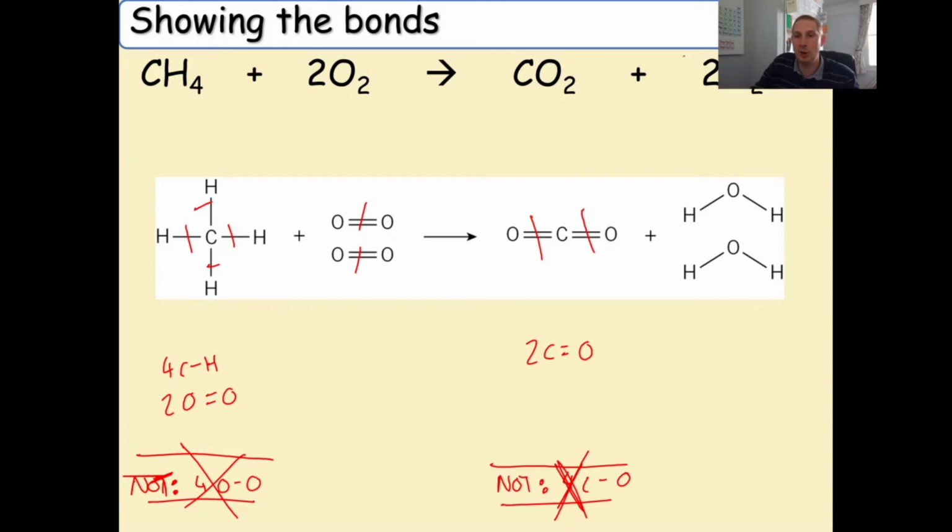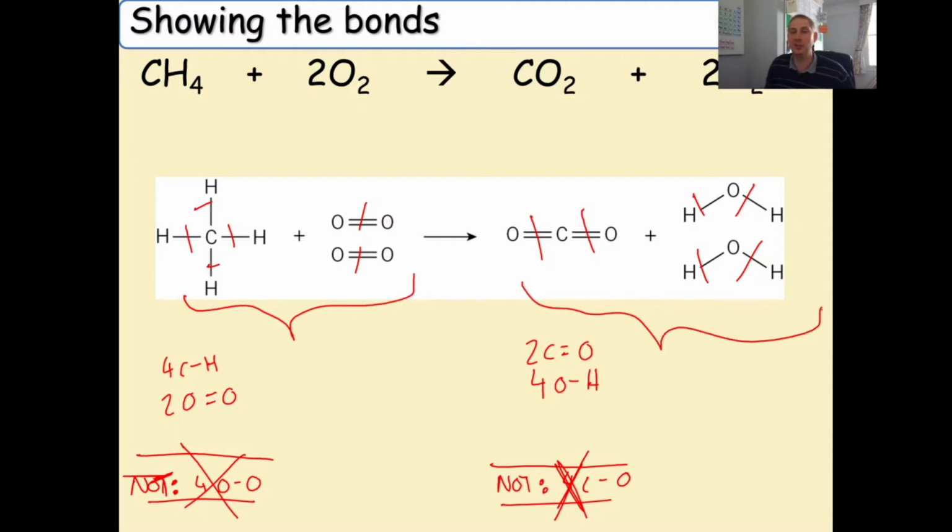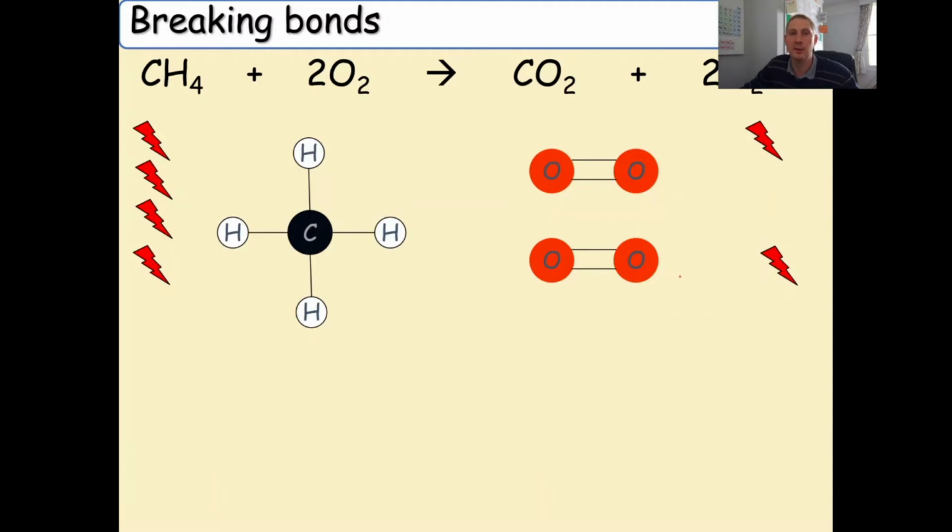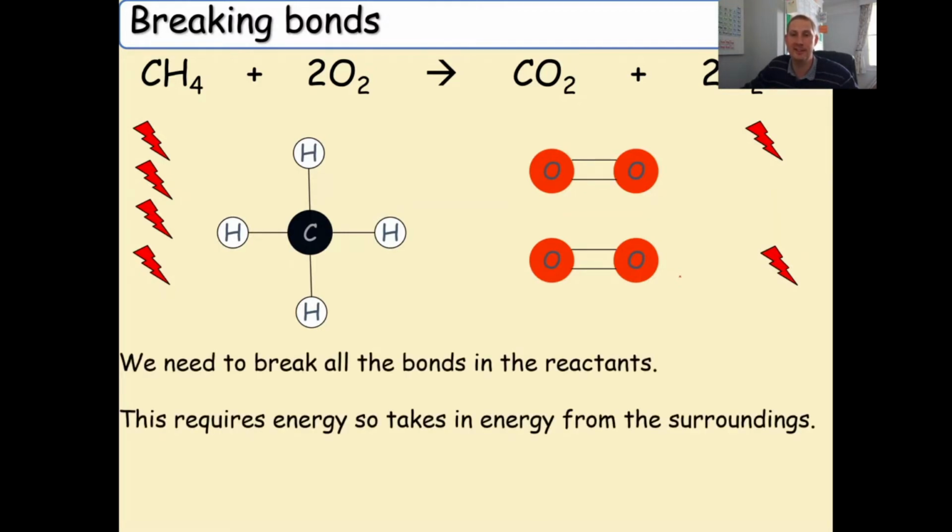You've also got 1, 2, 3, 4 OH bonds, okay? And if you know the energy of those, you can then tot up how much energy is stored in the bonds of the reactants, how much energy is stored in the bonds of the products. Remember, breaking bonds takes energy.